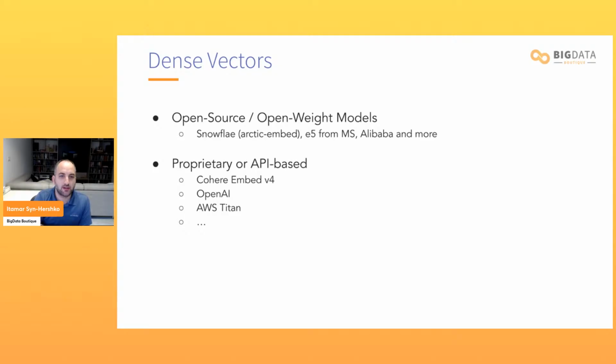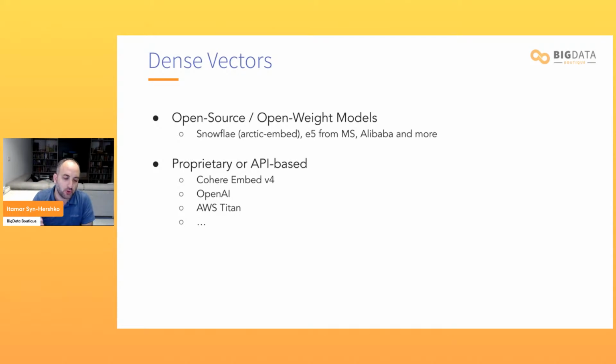Now, every dense vector model, like Cohere Embed version 4, which we absolutely love, OpenAI has good embedding models, AWS Titan, and so on. There's also open source ones, quite a few, including from Snowflake, from Microsoft, from Alibaba, and many more. And anytime you run those, they basically run a very large compute, GPU bound.